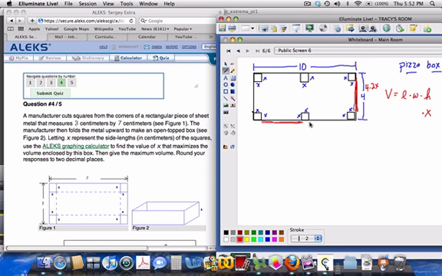And if you take 10 and subtract 3x from that, it would give you the distance of these two pieces here. But we only want that length for one, so we just divide that in half. Okay, so basically you're going to have this equation, which is volume equals 10 minus 3x over 2, parenthesis, the width is 4 minus 2x, times the height, which is x.